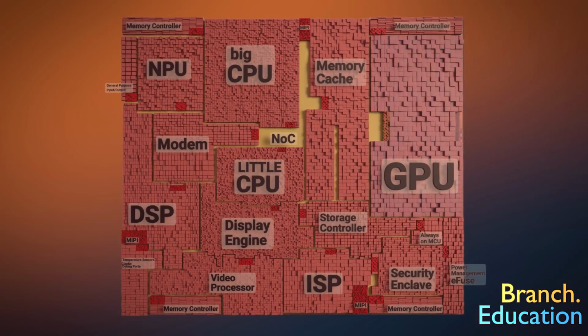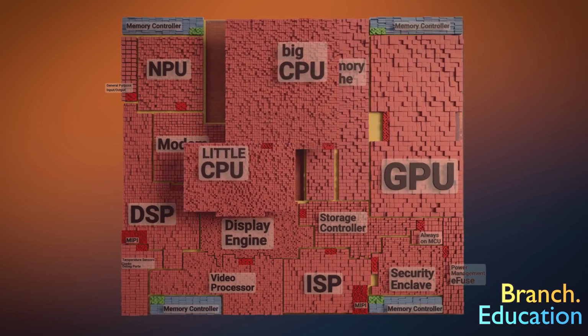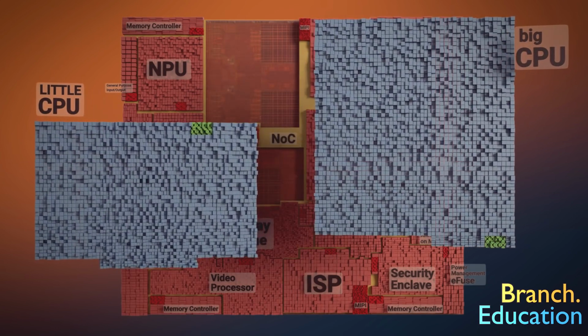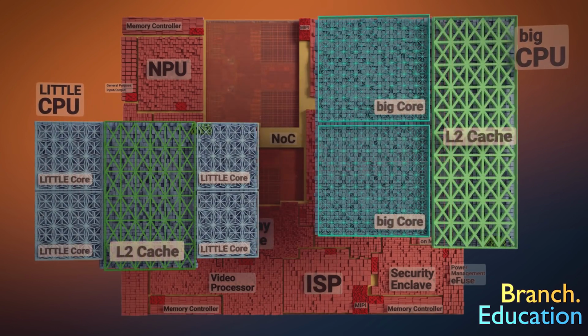Okay, so thus far we've glossed over the functionality of each of these blocks in the SoC, but now let's quickly take a look into the Central Processing Unit or CPU section of the SoC. As you see, there are multiple cores, and each core can run part of a program by executing instructions.